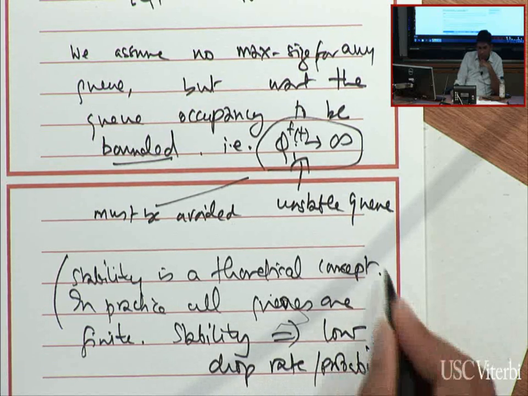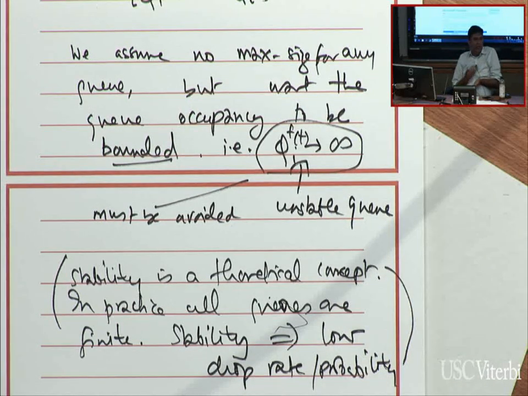So in theory, I can guarantee for a protocol that it keeps things stable. In practice, it might mean that in my network, which has finite queues, I'm unlikely to lose packets, because I have a stable system that keeps each queue below some level. And so long as my queue size is at least above that, I'll be okay. So this is a subtle point I wanted to make.